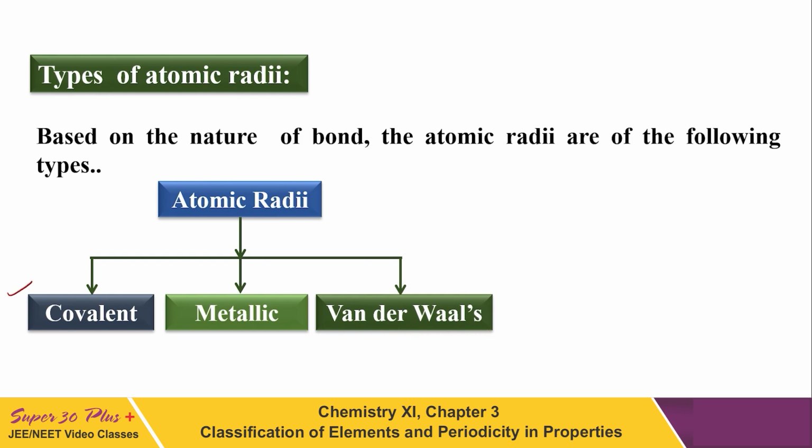It is there in the covalent bond. What do you understand by the metallic radius? It will be there in metals and alloys. And van der Waals bond is the weakest possible bond between atoms or sometimes molecules. The radius present in the van der Waals molecule is called van der Waals radius. Now we shall discuss them one after one.